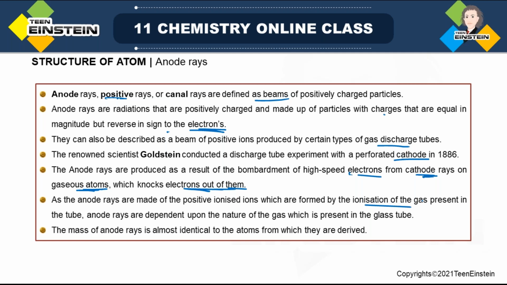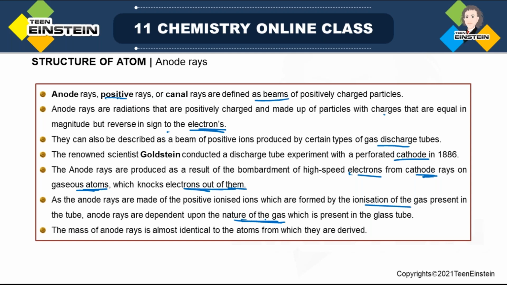Now, some important differences between cathode ray and anode ray. In the case of cathode rays, we have seen that the characteristic of the cathode ray has nothing to do with the nature of the electron or what type of gas you have taken in the discharge tube. But now, anode rays are dependent upon the nature of the gas. So, what type of gas you have taken is now important. Fine.